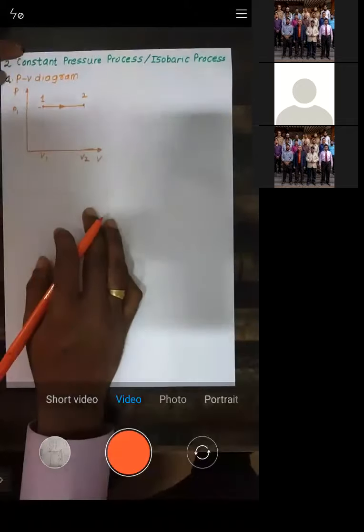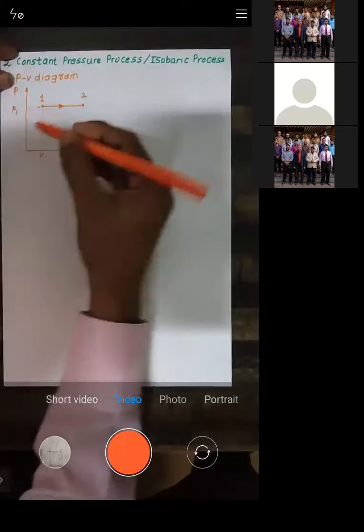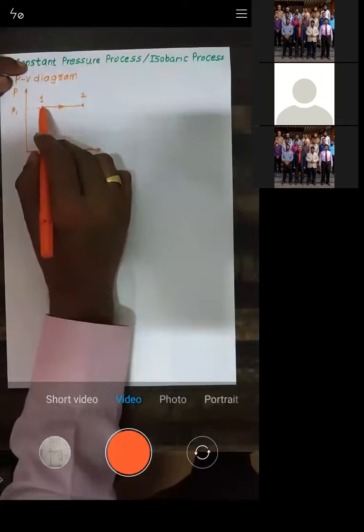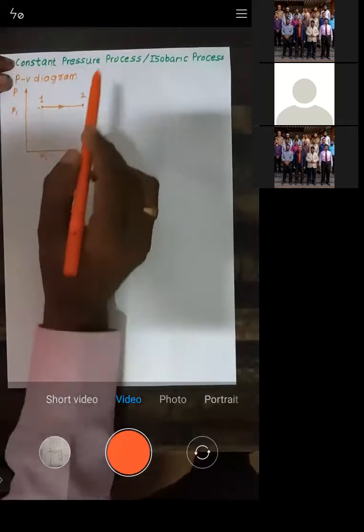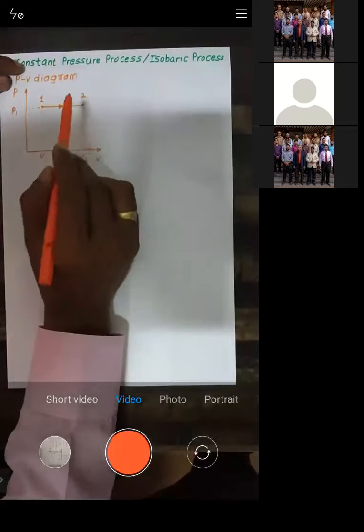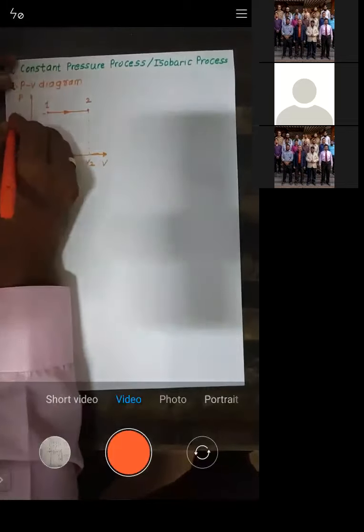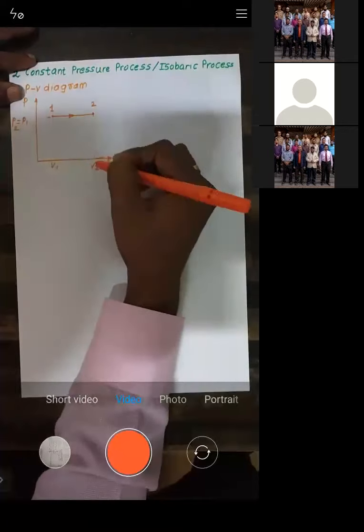So from point number one, where pressure is P1 and volume is V1, I will move horizontally because the process is constant pressure. I will reach point number two, where pressure is P2. But you can see here, P1 is equal to P2. Pressure is the same, and I will reach a new volume, that is V2.